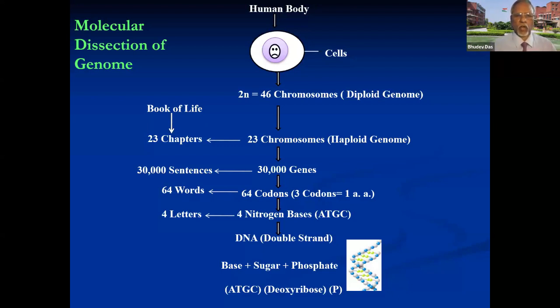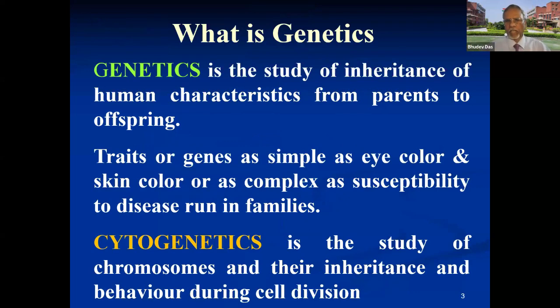This makes the book of life, and the master molecule is the DNA, which directs all the functions of the body. If the DNA is abnormal, your function is abnormal, or it is pathogenic. So what we see every day in the clinics is nothing but the abnormal expression of the genes.